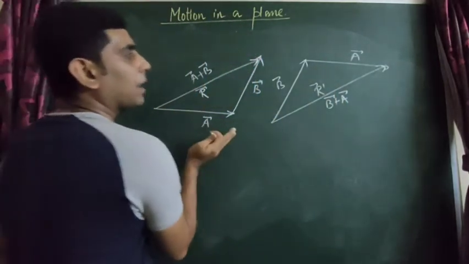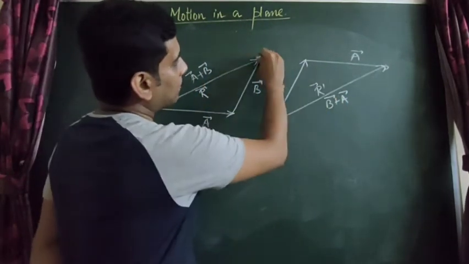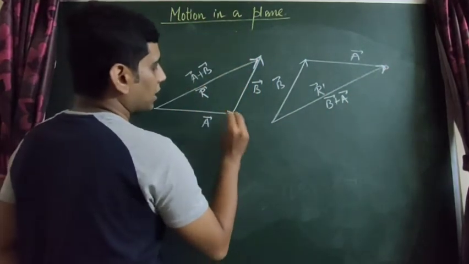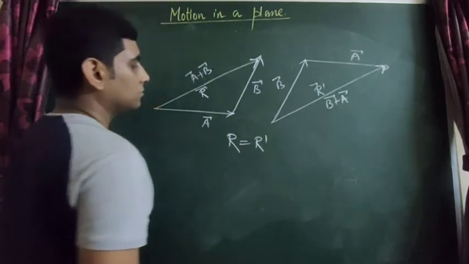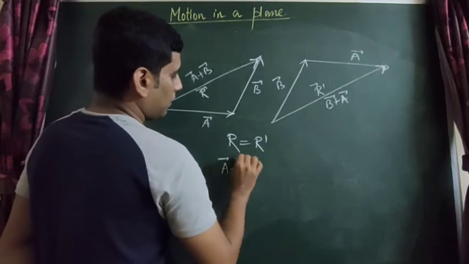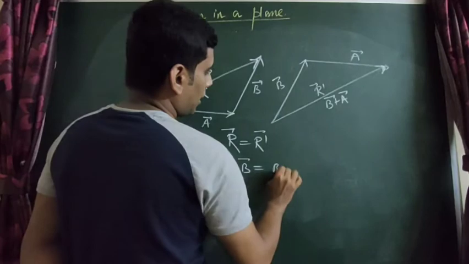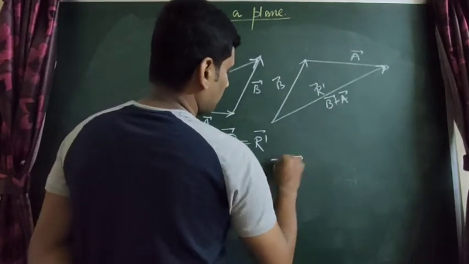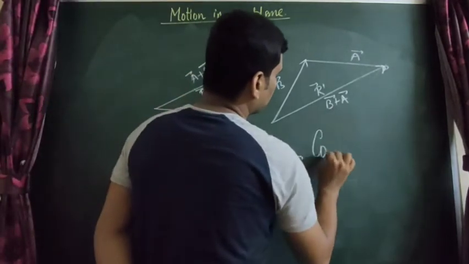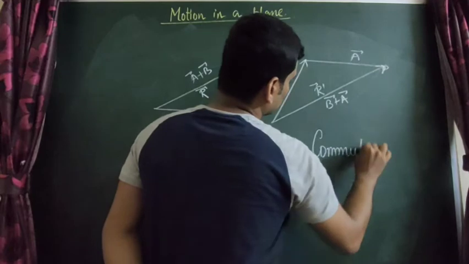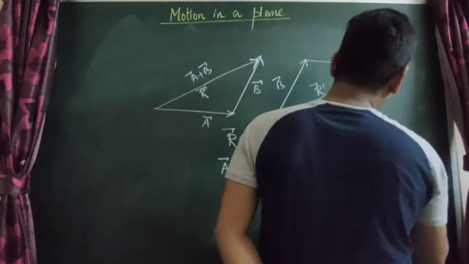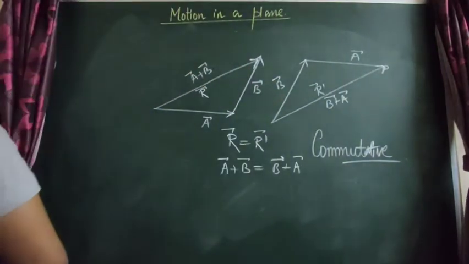You can see R and R prime are both parallel and in the same direction. So actually we are getting R equals R prime. Correct? That means if we add A vector and B vector, we get the same as B vector plus A vector. This means that the law of vector addition is commutative.